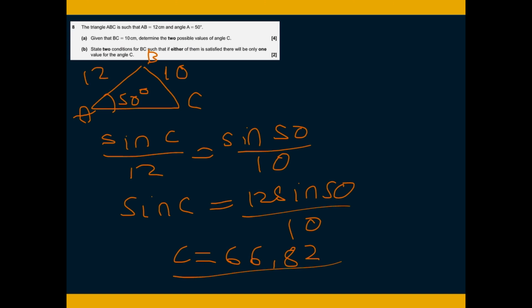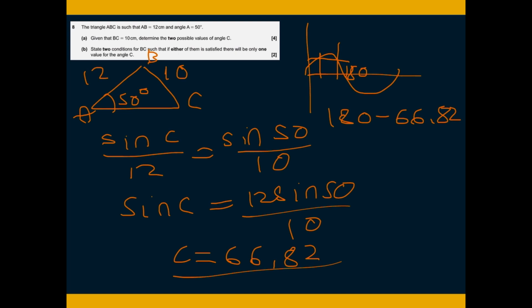Now, it says state the two possible values, because if we draw the graph of sine, you'll notice that at 66, it goes across and meets another value. Now, this is 180, so we can do 180 subtract 66.82 to give the second possible value, which is 113.18.